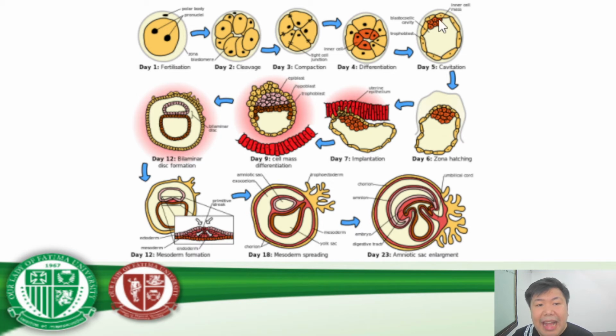And once a cavity is formed, signal na yun in order for that fertilized egg to go to the uterus. Kasi ito pong buong to, this entire process happens in the fallopian tube. So, kailangan mag-move siya papunta sa uterus because it is in the uterus that the baby will continue to grow.